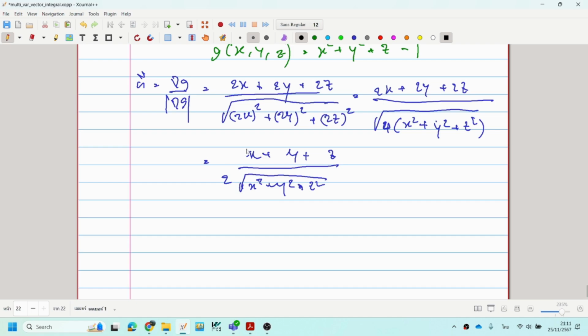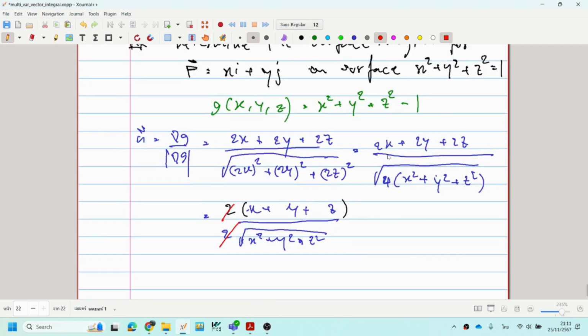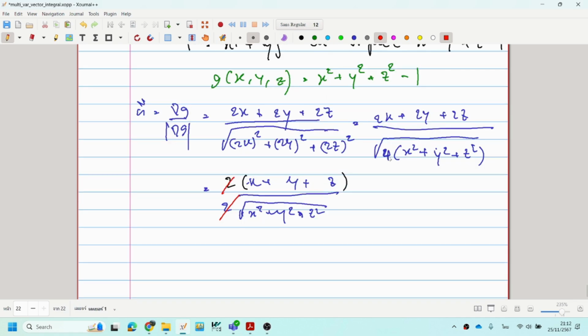The top term and bottom term cancel together, and you get x, y and z. Oh sorry, I forgot i, j, k, right?